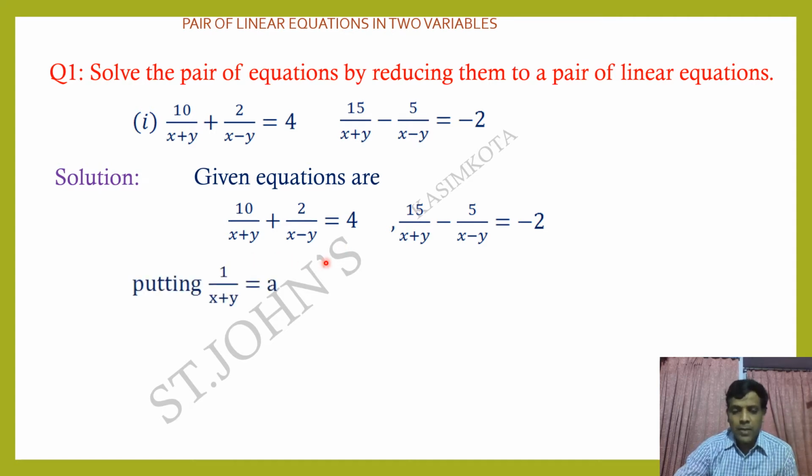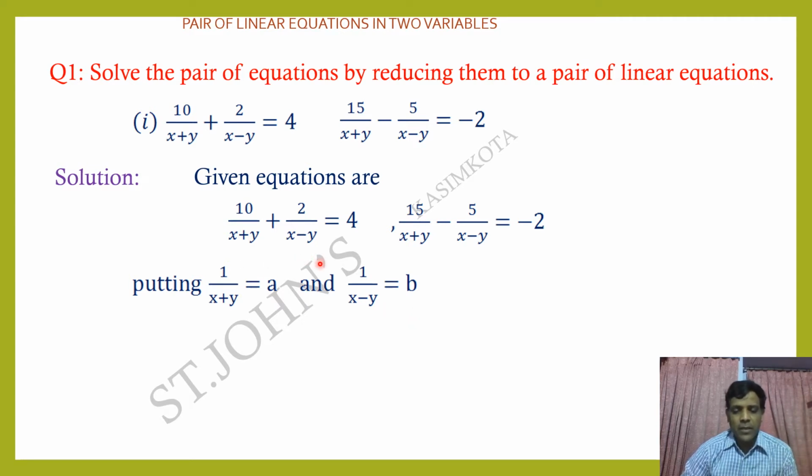Now put 1 by x plus y equal to a, or a or b as you wish, and 1 by x minus y equal to b, because these two are the reducing terms.